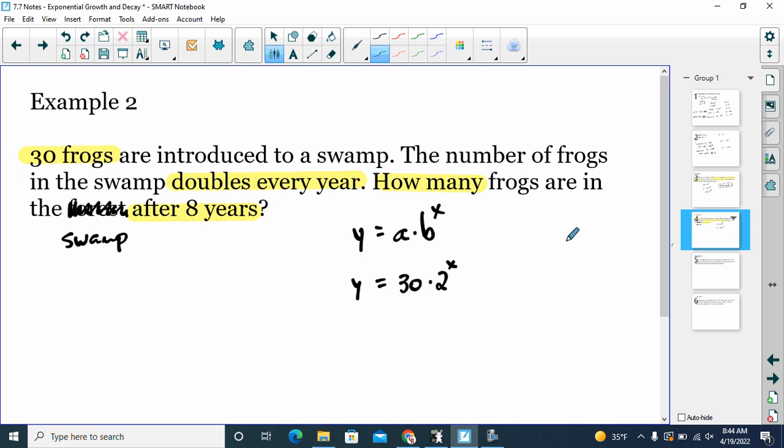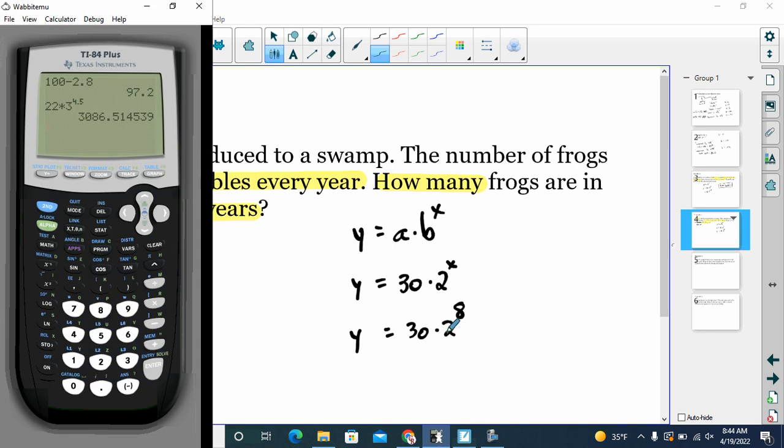That is the exponential equation that we are looking for, y equals 30 times 2 to the x. It doubles every year, so after 8 years, we would put 8 in for our x, and we are trying to solve for y. We want to multiply by 2 8 times. So 30 times 2 to the 8th gives me a lot of frogs. 7,680 frogs.